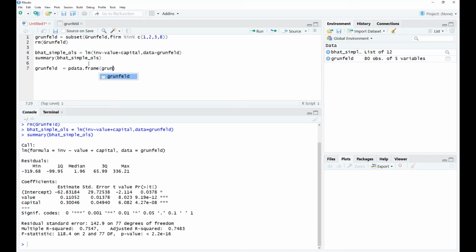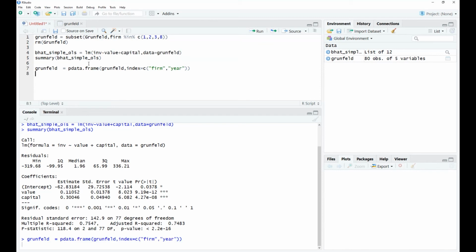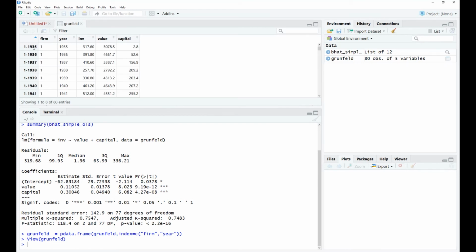And you write Grunfeld, comma, and then you say index equals c(firm, year). Note that the data set now has row names that indicate the firm and the year.